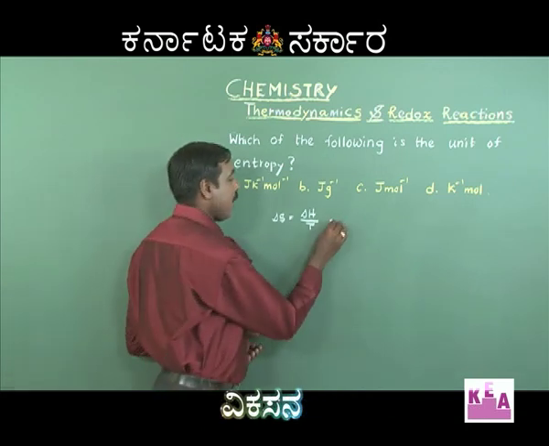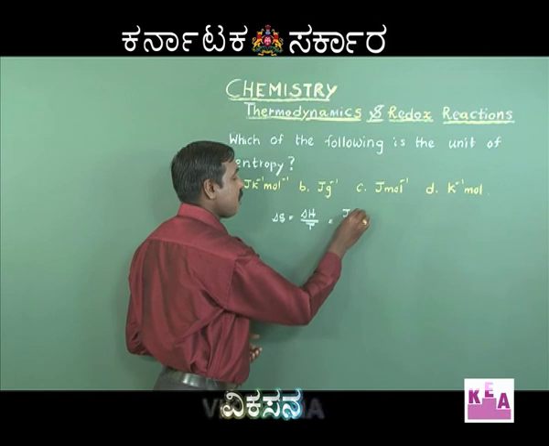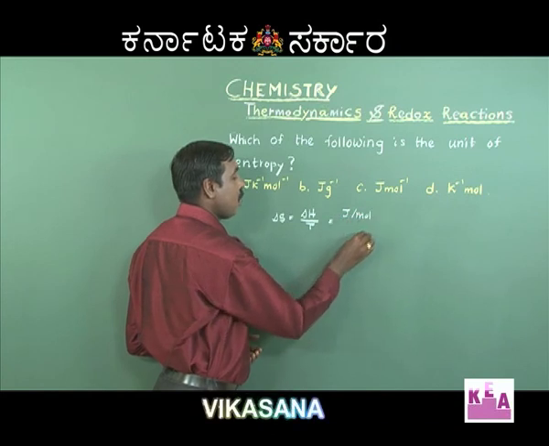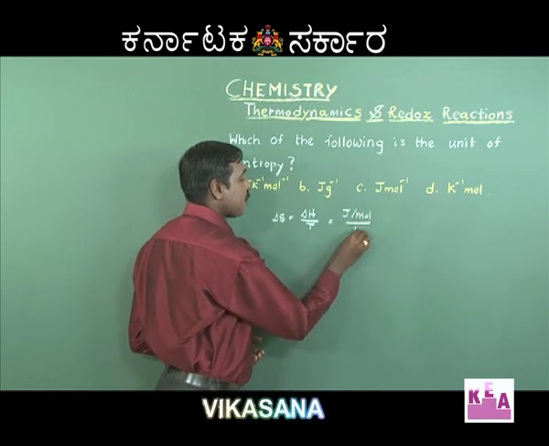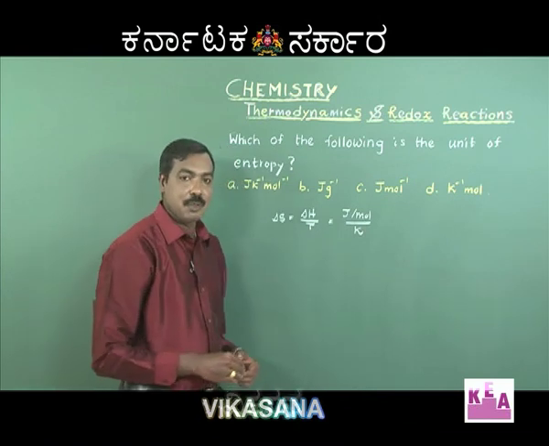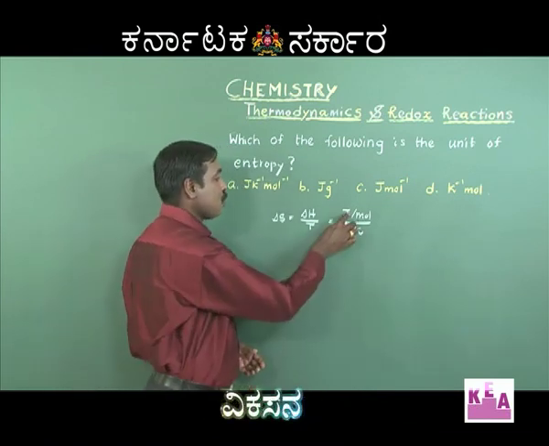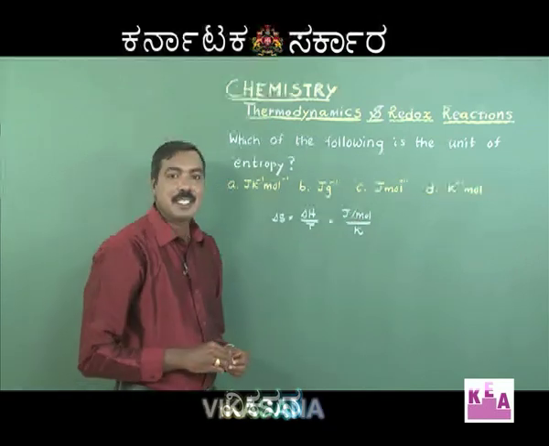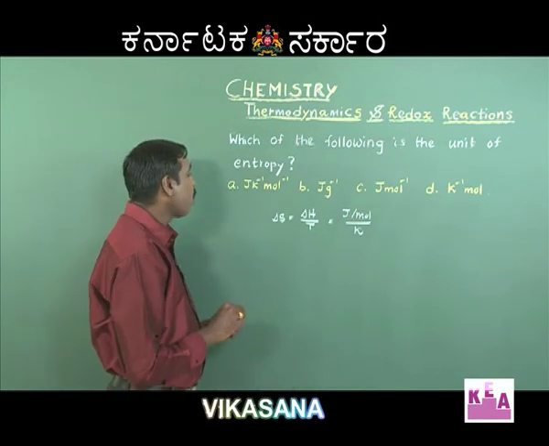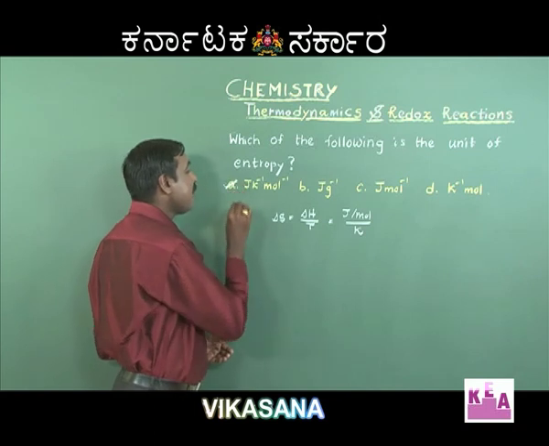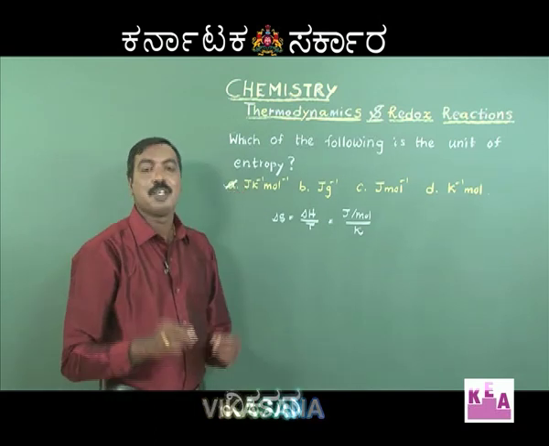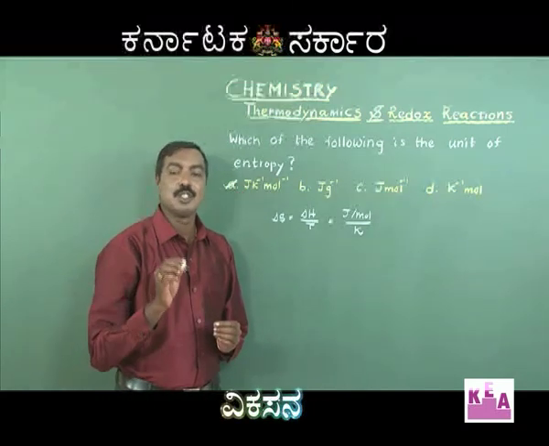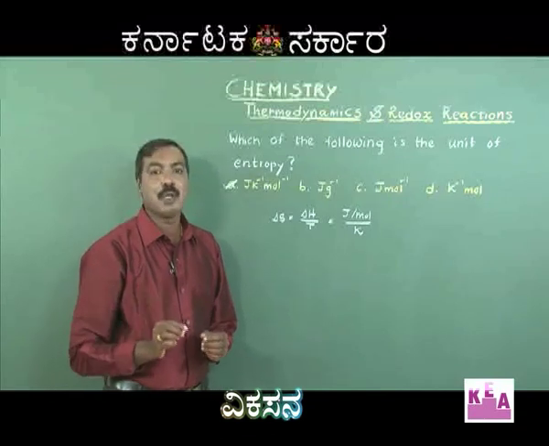The unit for enthalpy is expressed in joule per mole. Temperature is expressed in Kelvin. Therefore, the unit is joule per Kelvin per mole. Therefore, the right answer is option A, joule per Kelvin per mole. The unit of entropy is joule per Kelvin per mole.